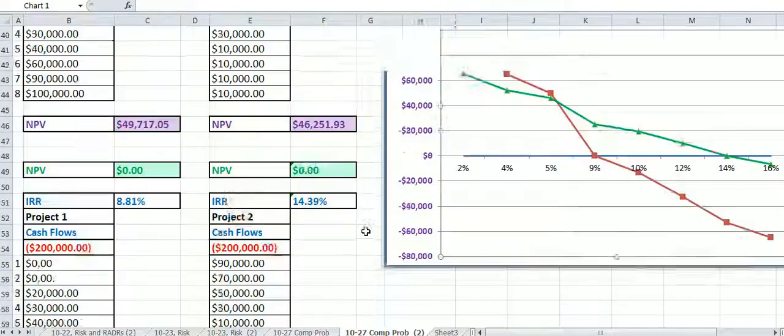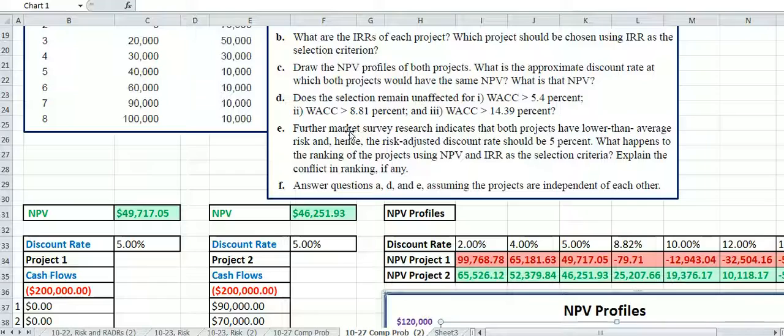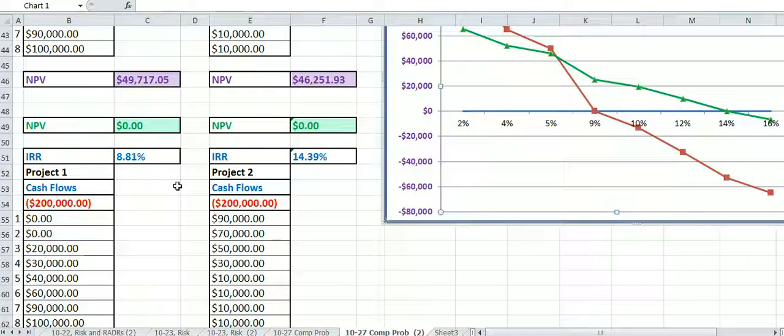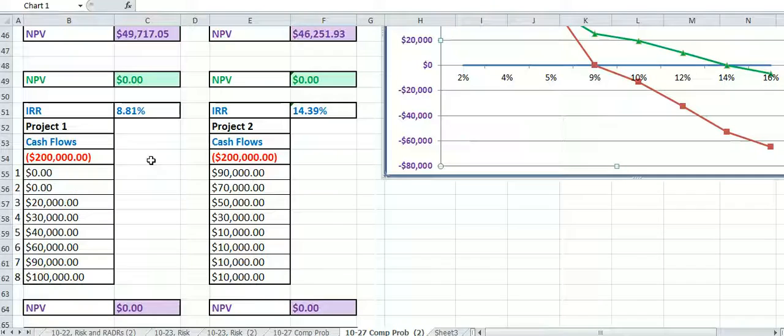These numbers right here match up with what they're asking here. So you can see where these projects are going to go negative by just looking at the internal rate of return. I'm sure most of you figured that out already, because at this interest rate right here, we're exactly at 0, and so anything over that.